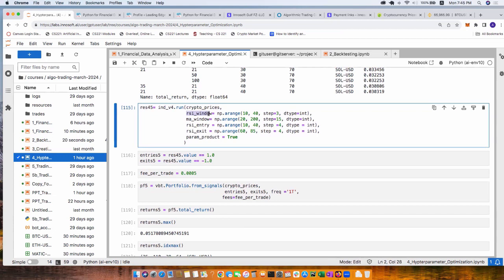I want to try this strategy for the RSI window, which is the period we use to calculate the RSI, going from 10 to 40 with a step of 3. The MA window, which is the moving average, goes from 20 to 200 with a step of 15. Then the RSI entry goes from 10 to 40 with a step of 4, and the exit from 60 to 85.